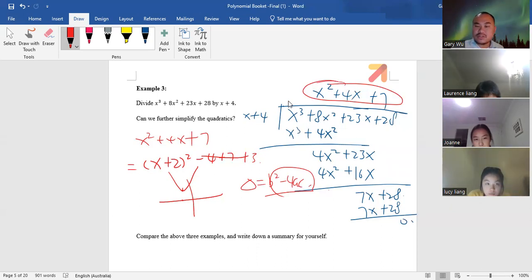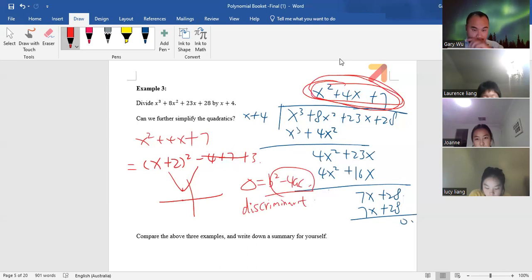So what's the delta for this one? Delta is also called the discriminant, okay? So what's the discriminant for this one? b squared minus 4ac.